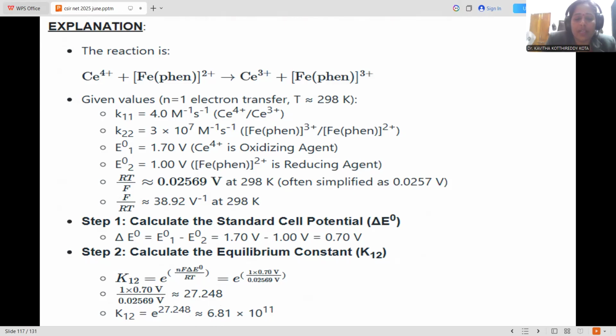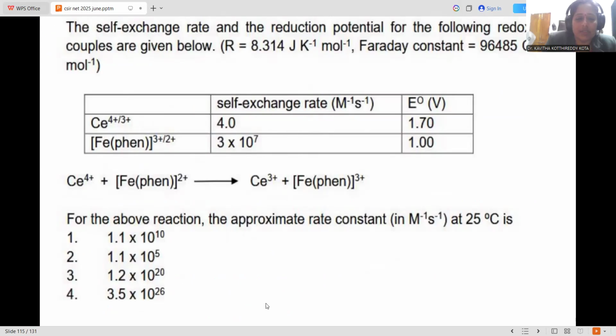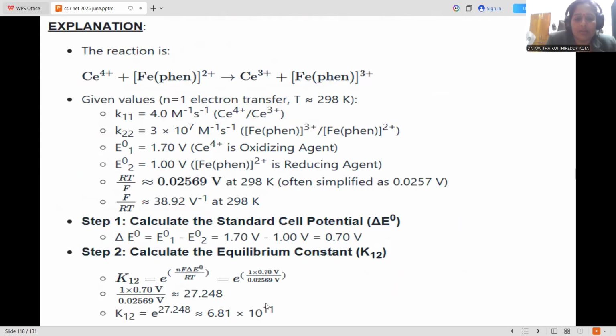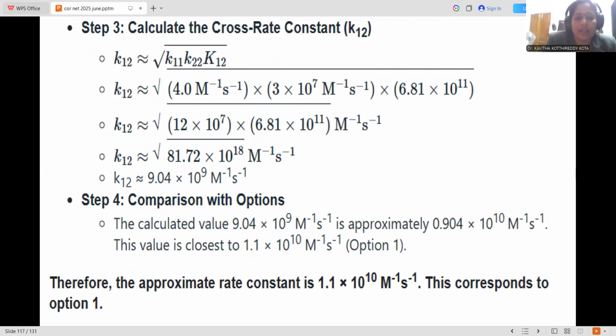If you go with the calculation of this e power, after the calculation you get the value 6.81 into 10 to the power 11. That is the K12 value, the rate constant at equilibrium.